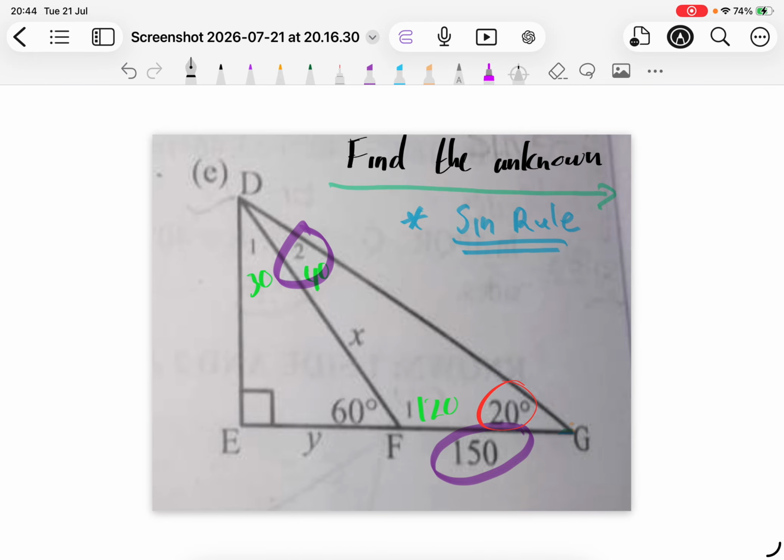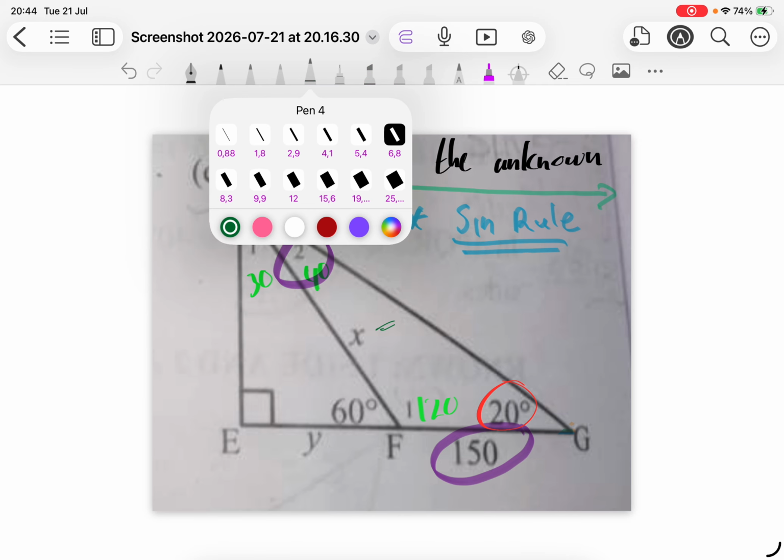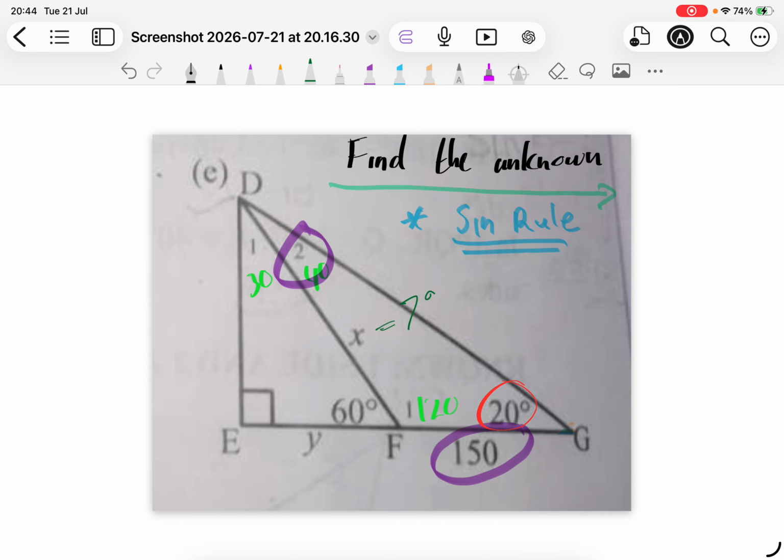X is then equal to 79,813. Not degrees. Is it in centimeters? Oh, units. Just units. They haven't given us our unit measure, right?